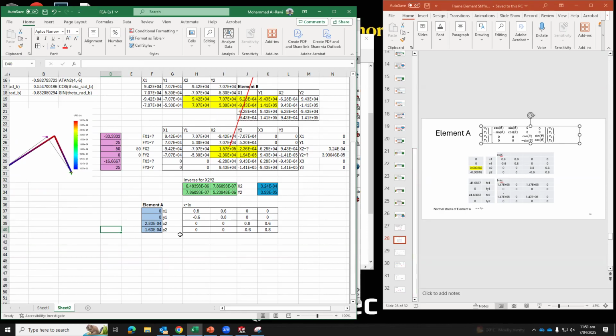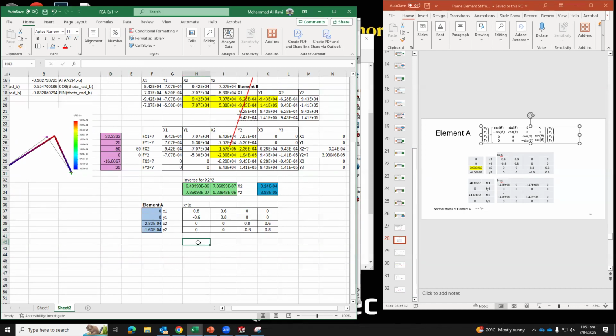So this is giving me the displacement for element A. Remember, at X1 and Y1 it's 0, 0, because it's a fixed support. But at node 2, that's where we anticipate a bit of displacement, where the force is acting on it.